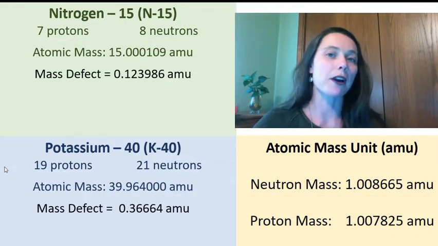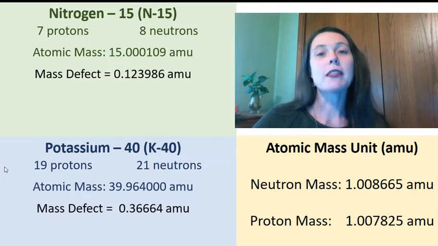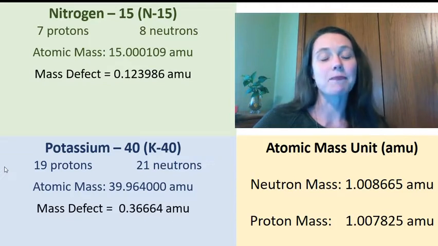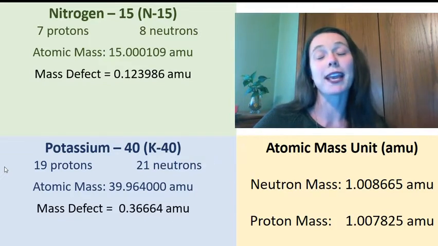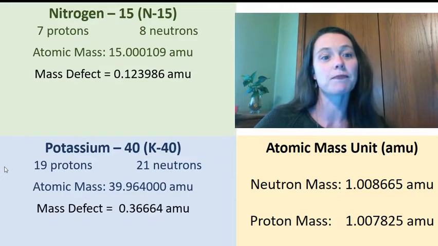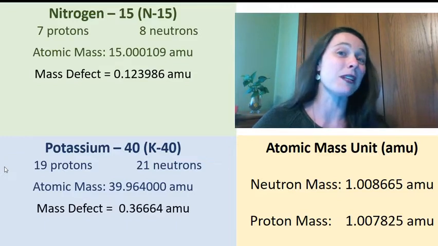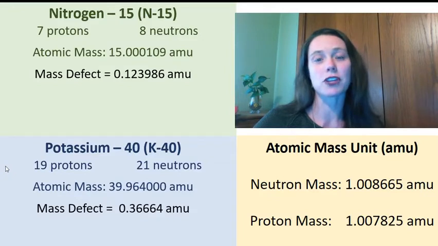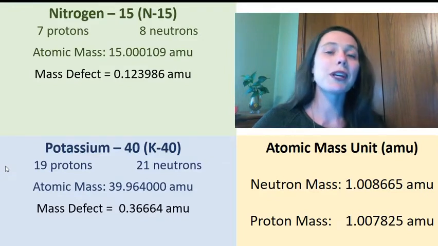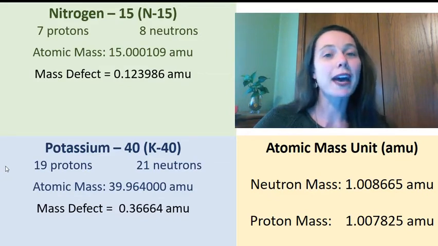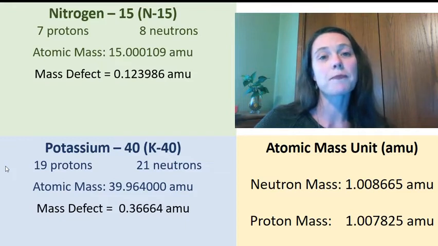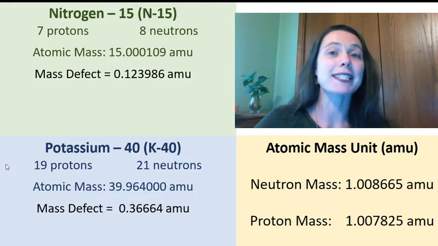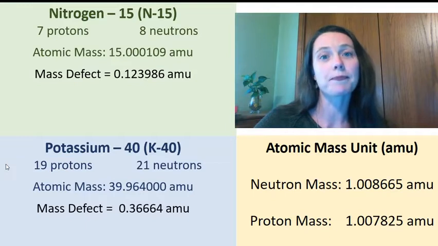How do these numbers compare? Well, the mass defect for potassium is almost 3 times as big as the mass defect for nitrogen. But potassium is almost 3 times as big as nitrogen. So to really compare these values, we actually need to go one step farther and calculate the mass defect per nucleon.